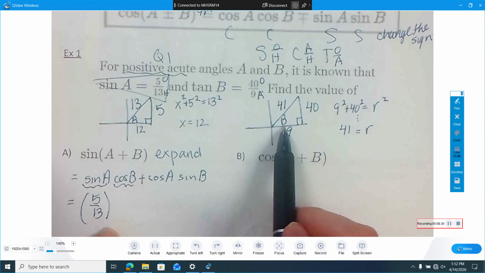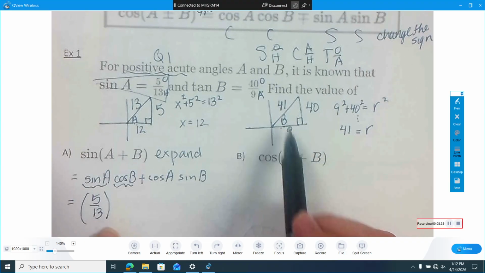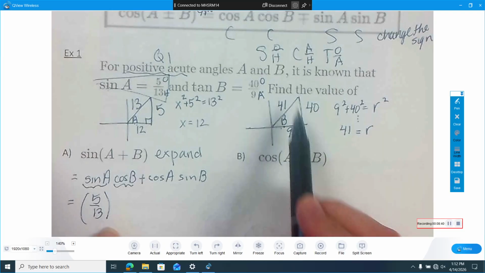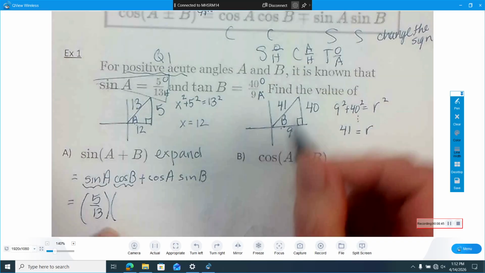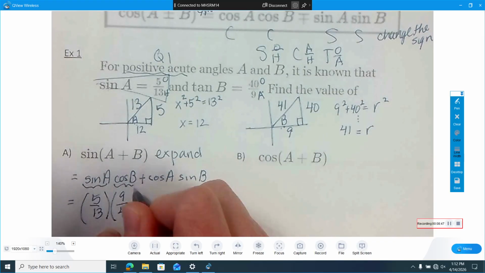And then what is the cosine ratio according to angle B? So B is over here, so that's why we label clearly. What's the cosine? 9/41. Good. Adjacent over hypotenuse is 9/41.